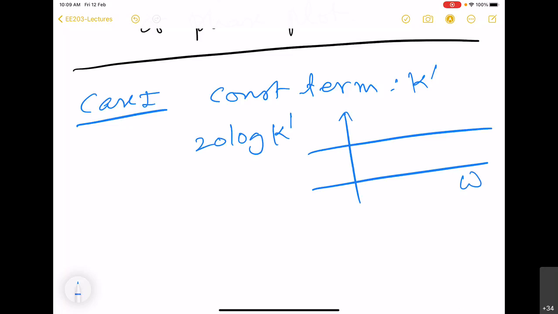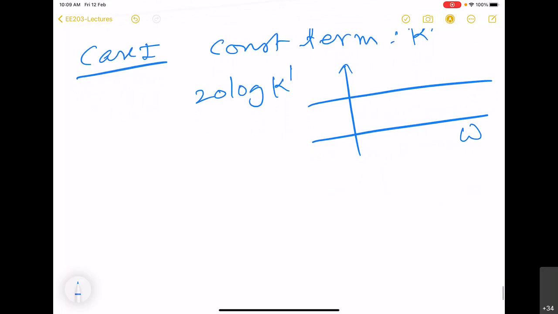Here we have omega in log axis. Now for this case, we can do the phase plot also. The phase of k dash, we know, is 0 degree. So if you do the phase plot, this is simply going to be like this.